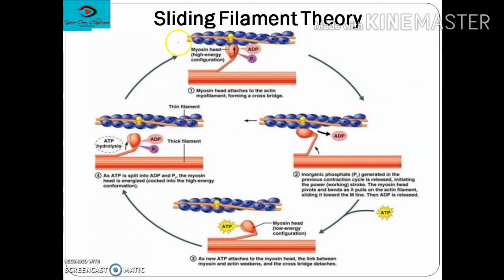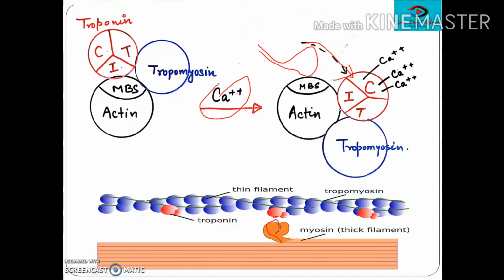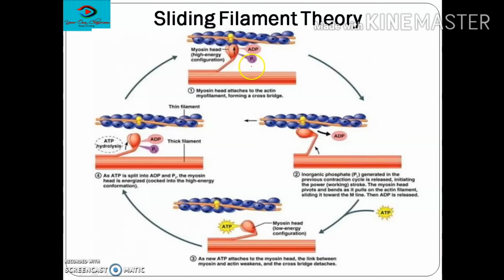Now we will study the sliding filament theory, which is the backbone of this mechanism of muscle contraction. For contraction of the muscles, opening of the sites is one thing, but energy is also a very important parameter.